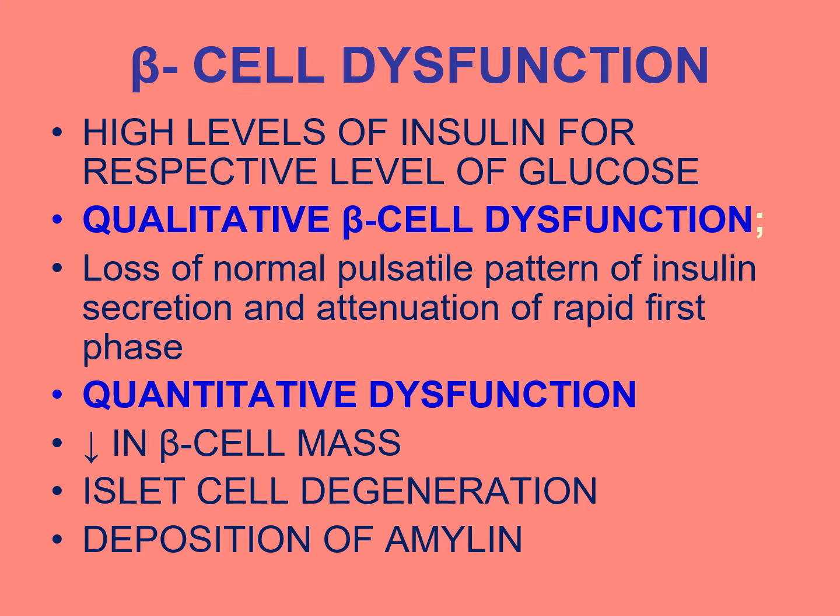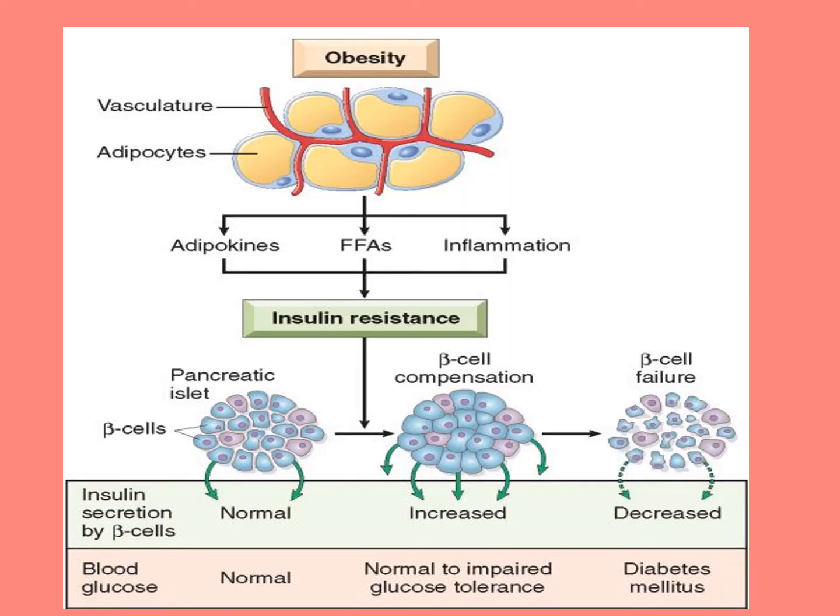And quantitative, by this we mean that there is a decrease in the beta cell mass, and that beta cell mass, I have told you, may be because of a number of factors: the actual destruction because of the inflammation and progressive burnout of these beta cells in the face of increasing body mass. Islet cell degeneration and deposition of amylin, a substance which gets deposited around the beta cell and can lead to progressive ischemia and decrease in the function of the cell.